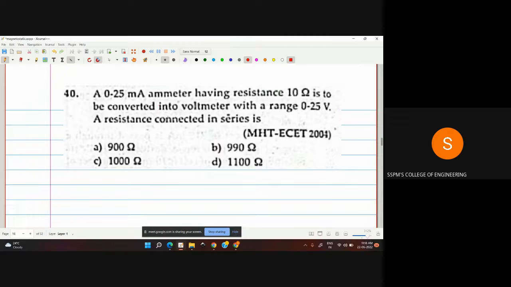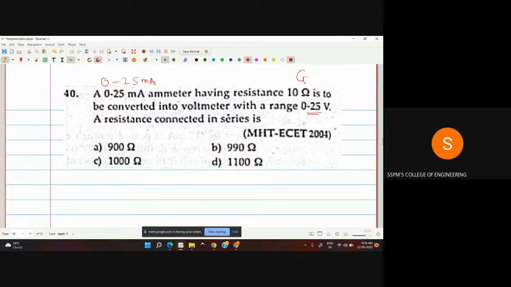range is given here. The ammeter range is given 0 to 25 milliampere. Ammeter having a resistance of 10 ohm, G is given, is to be converted into voltmeter with a range of 0 to 25. Isn't it?